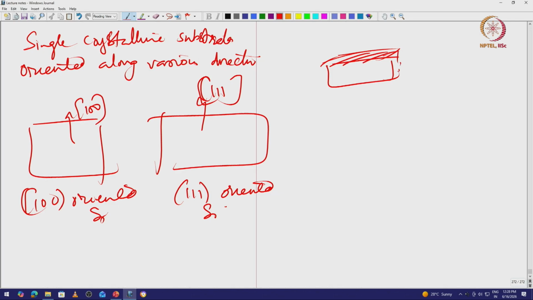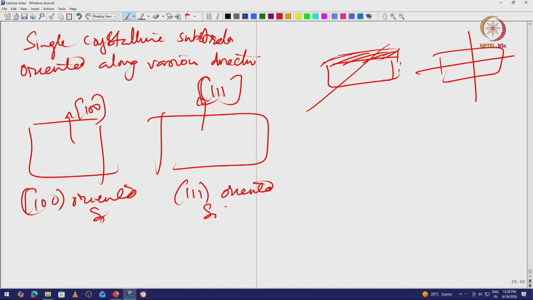Similarly, for any substrate I can have a termination. It depends on where I cut this substrate. If I cut it like this, I have a different plane, if I cut it at 45 degrees, I have a different plane, or if I cut it like this, I have a different plane. So, the surface orientations become different.